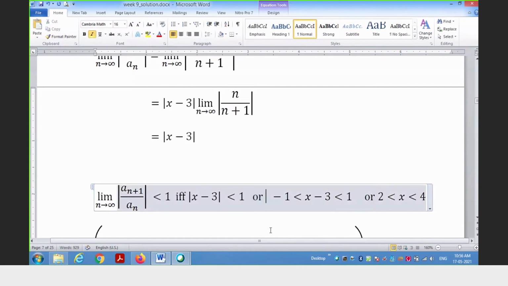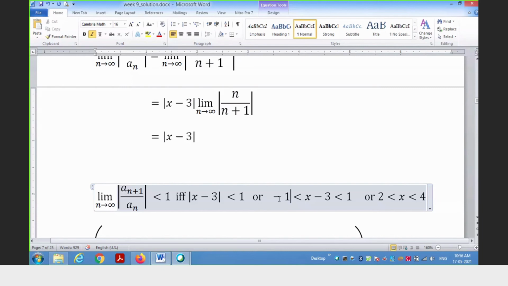When you use the definition of absolute value, absolute value of x minus 3 less than 1 means that x minus 3 must be greater than minus 1 and less than 1. That is from the definition of absolute value. When you simplify this, you bring the 3 across; when minus 3 crosses the inequality, it becomes plus.